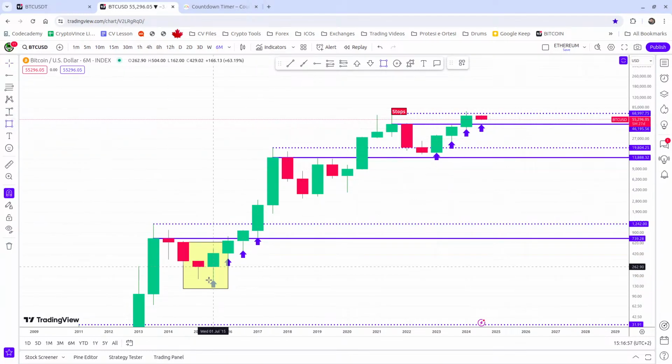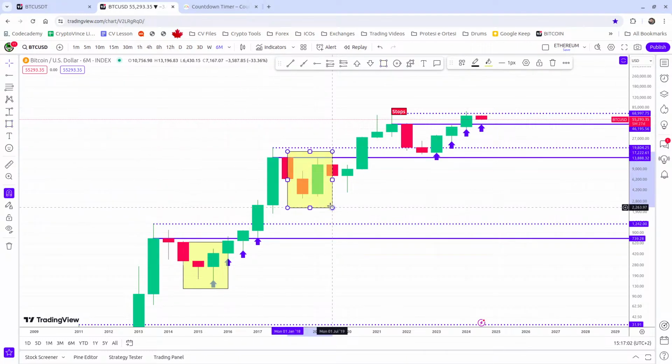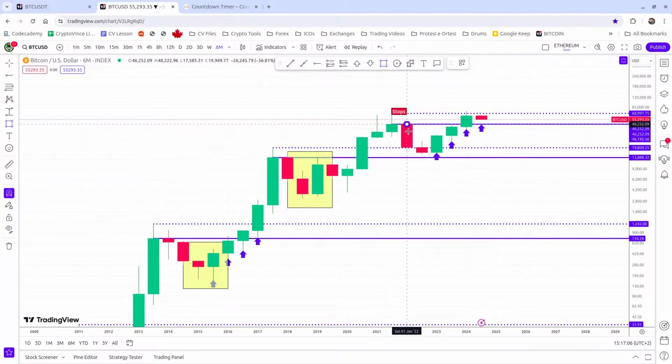Up on this swing low, and up in this swing low, and up in this swing low. So that's another good indication of a possibility to go upward still.